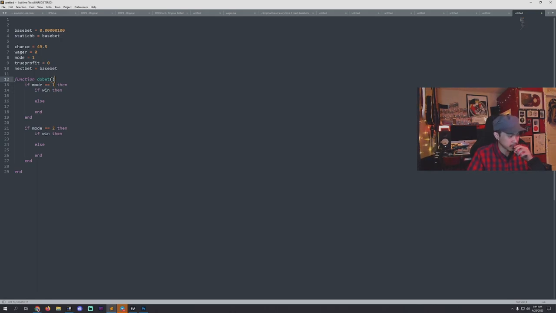So let's see. All right. So mode 1, I'm going to say mode 1 is the in range mode. That's what I'm going to call it, okay? Mode 2 is going to be the out of range mode. Okay?